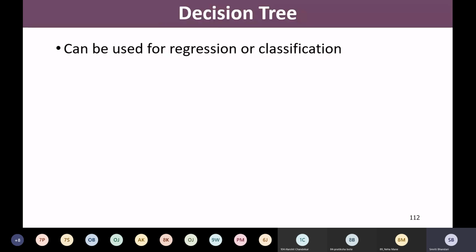A decision tree is a machine learning algorithm that can be used for regression as well as classification. So this machine learning algorithm can be used for both kinds of problems. We may have a decision tree for regression as well as a decision tree for classification.